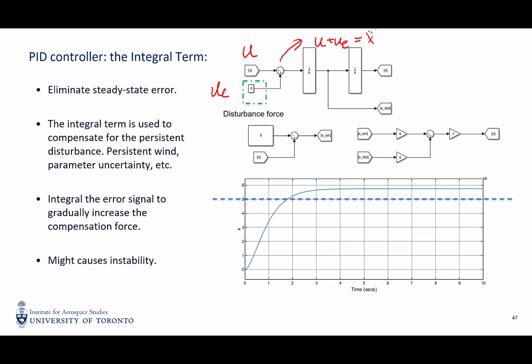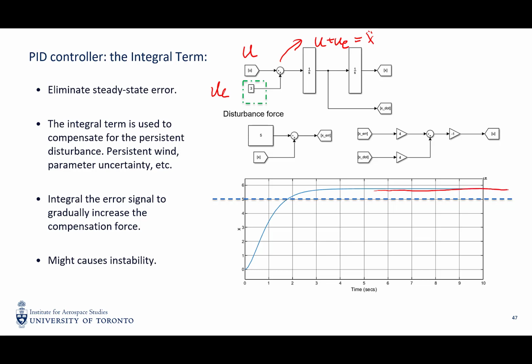And UE here is some kind of unknown force. In the drone case, we can model the gust or some parameter uncertainty as a UE, but this is unknown. On the other hand, UE is persistent, so it always exists. So if we still use PD, we will have a steady state error.